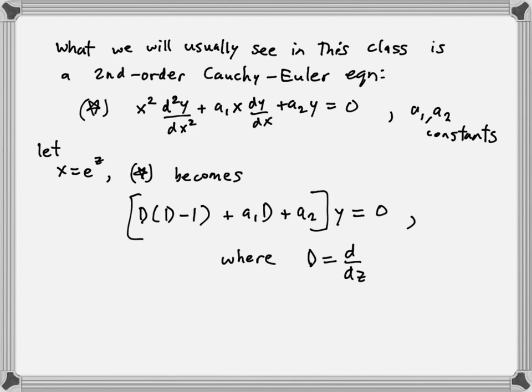Okay, so that's the method. Let's go ahead and try some examples so that we understand what we're talking about. So let's do an example here. I want us to solve x squared y double prime minus xy prime minus 8y is equal to 0, with x being positive.